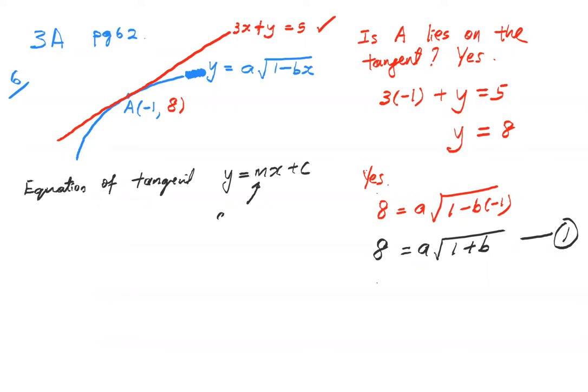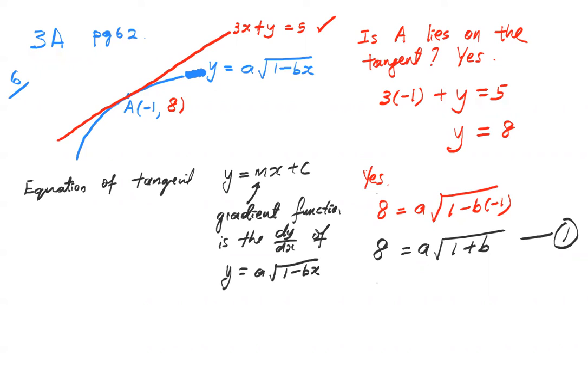The gradient function is the dy dx of who? Because here there is a lot of y. You cannot just write the gradient function is dy dx. Cannot. The gradient function is the dy dx of this. Write it carefully. Correct?